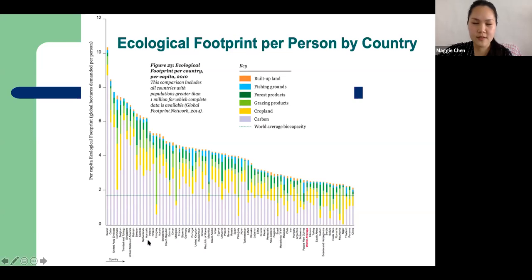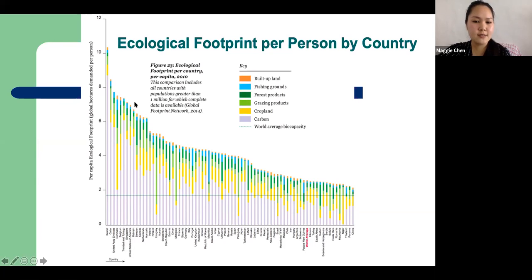More specifically, since this chart is for highly developed countries, we can look at, say, the United States of America. If we follow this one bar, we can see that most of it is gray, which is carbon. Some is yellow, which is cropland. A little bit of it is grazing products, forest products, and a small amount is fishing grounds and built-up land.